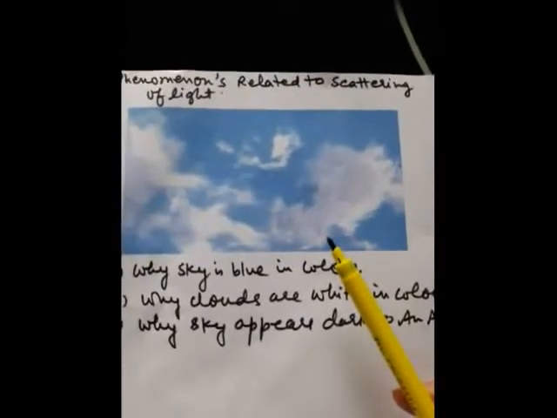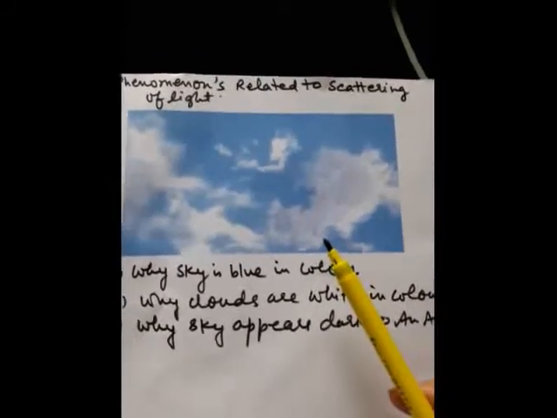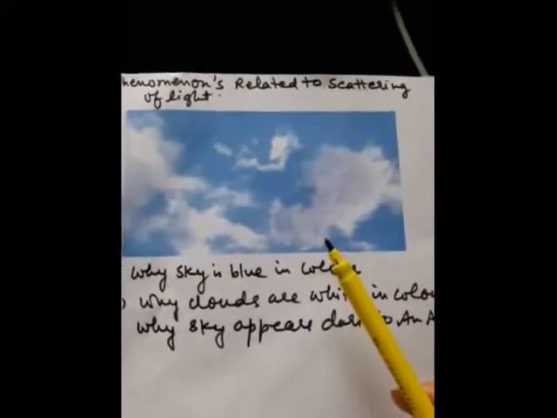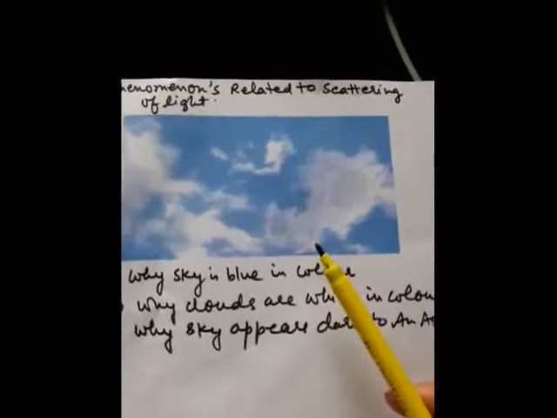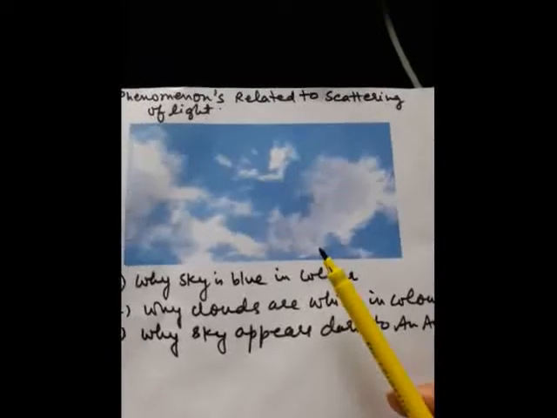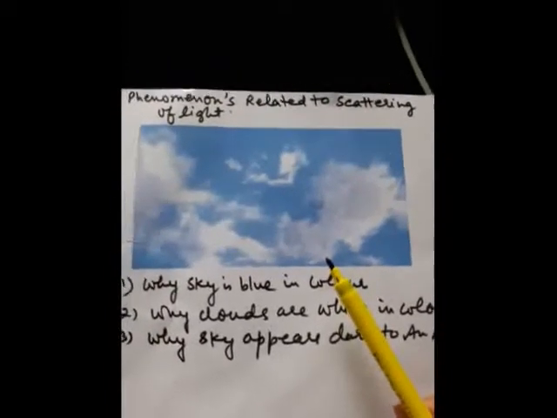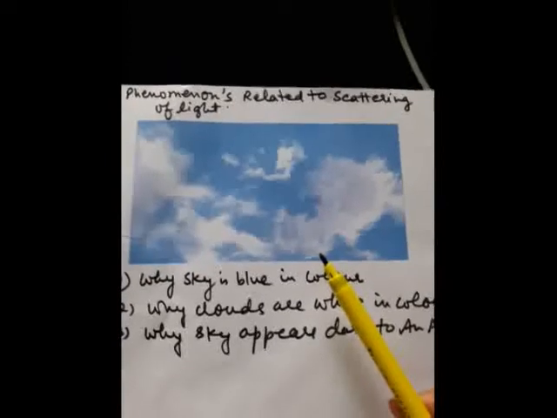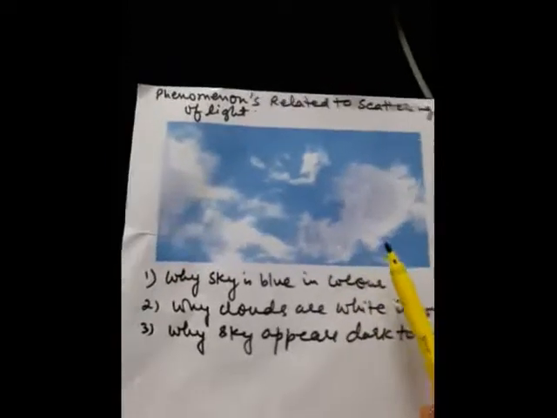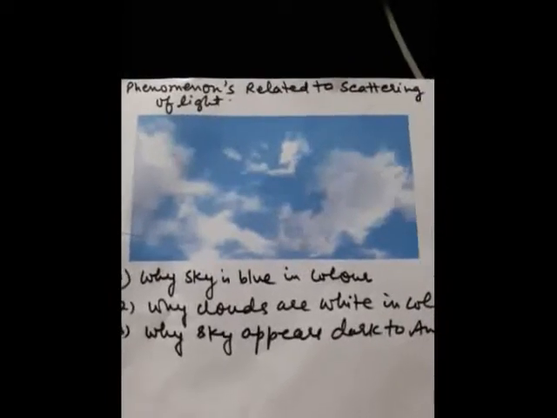In such a situation, the size of the scattering particle is bigger than the wavelength of light. As a result, all colors or all wavelengths are scattered almost equally. So they all merge to produce white light, and the clouds appear to be white too.